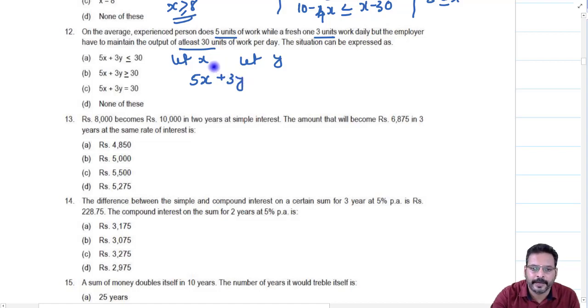The employer has to maintain output at least 30 units. So let the number of experienced persons be x and the number of fresh ones be y. One experienced person produces 5 units. There are x experienced persons, so 5x units will be produced by experienced persons and 3y units by fresh persons. The employer has to maintain output at least 30, that means we can produce more than that, so greater than or equal to 30. 5x plus 3y greater than or equal to 30.